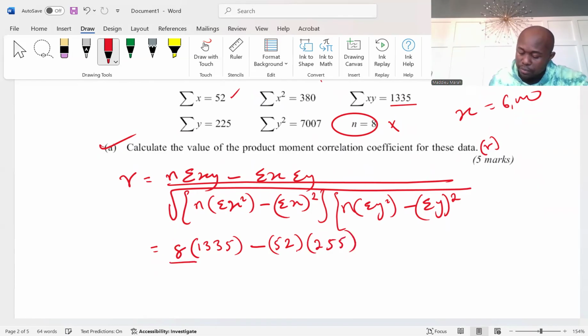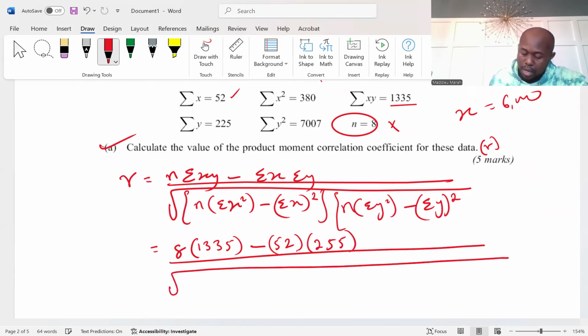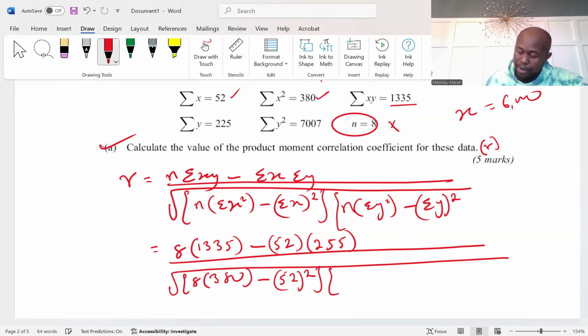I'm done with the numerator. For the square root, N is 8, sum of X square is 380, minus sum of X, 52, all squared.